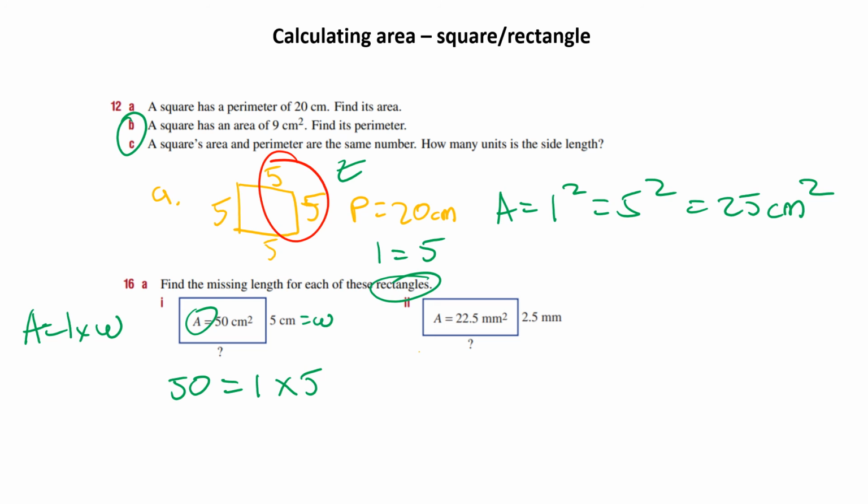Remember that's L. Yes, I know my L's really bad. I'm going to have 5, so the inverse operation: the opposite operation to multiply is divide. So I'm going to divide by 5, and L is equal to 10 centimeters. Remember, my units are centimeters squared for the area and centimeters here. You need to do a similar type of thing for that question there.